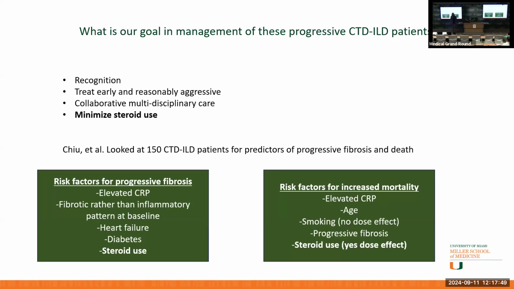So steroids are actually independent of this, whereas with other immunosuppression, it isn't the same thing. And it was a dose effect here. The higher doses are going to be more of an increased mortality than lower doses. And they did look at whether sicker people were getting steroids, and that wasn't the case. It was pretty even between the two groups, so it didn't have to do with how sick somebody was.